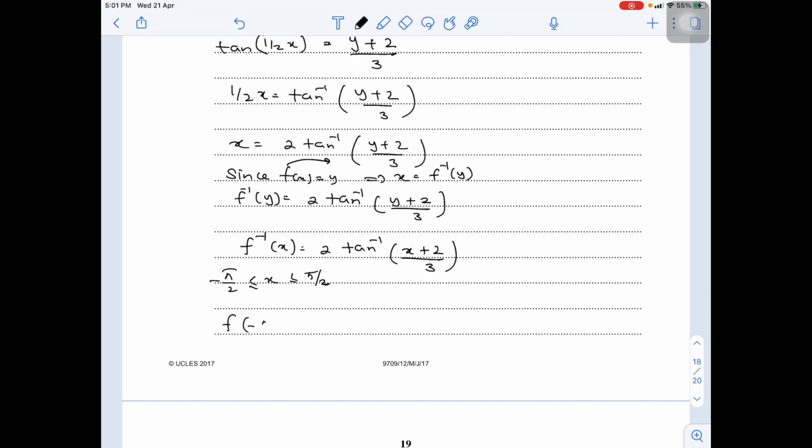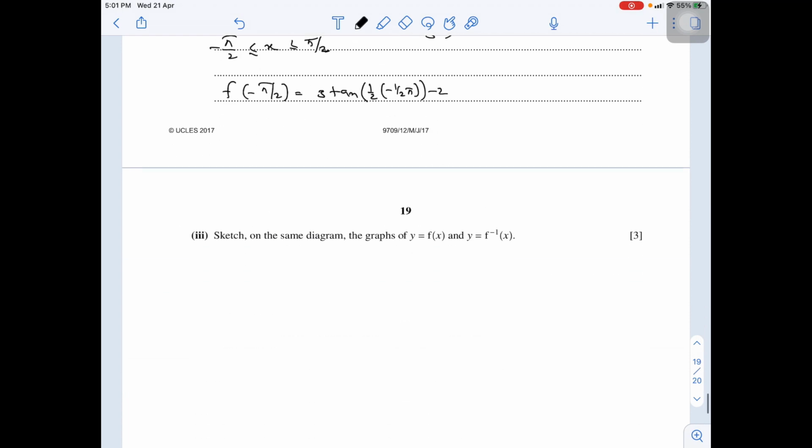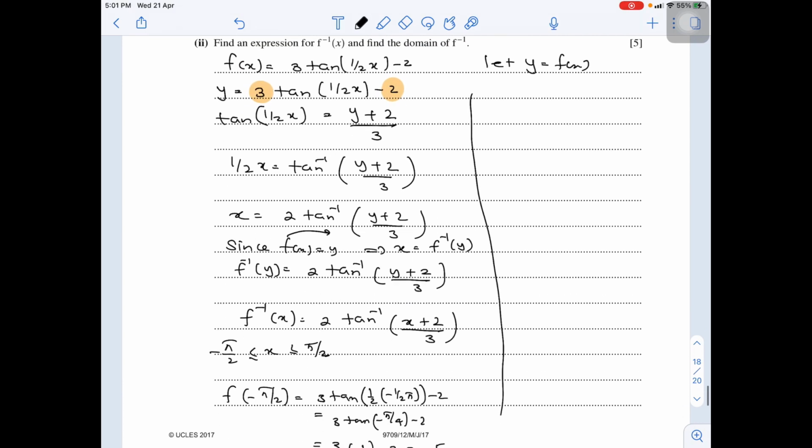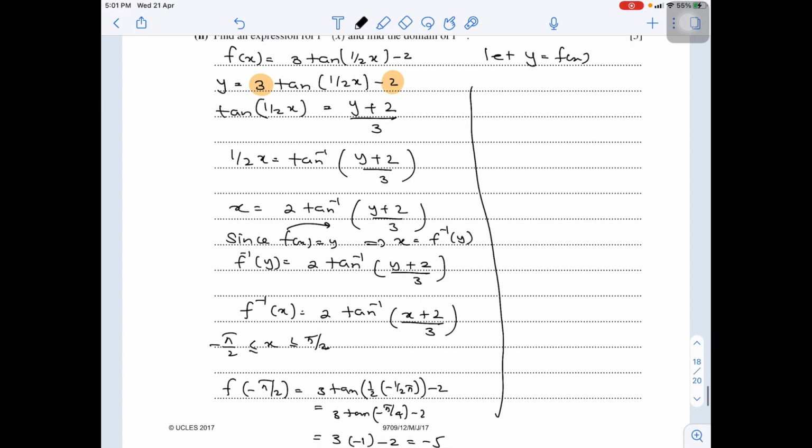Now the domain given to us is negative pi over 2 less than or equal to x less than or equal to pi over 2. So f of negative pi over 2 is 3 tan of half times negative half pi minus 2, which is the same as 3 tan negative pi over 4 minus 2, which is 3 times negative 1 minus 2, negative 5.